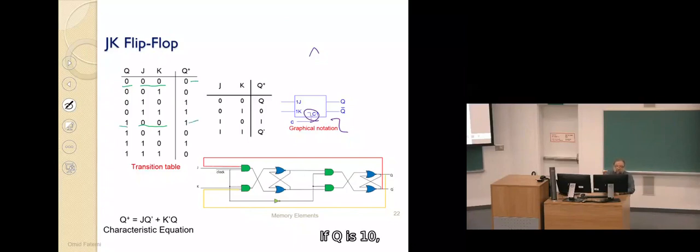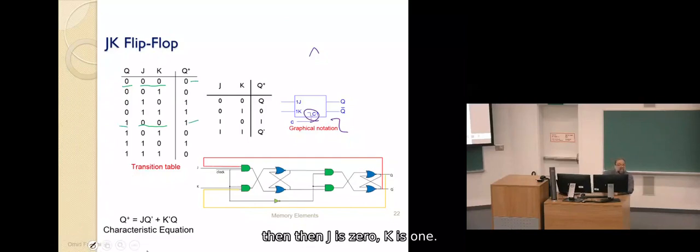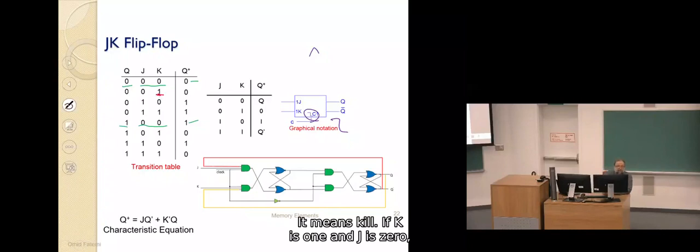If Q is 1, Q plus is 1. When J is 0, K is 1, it means kill. It's like reset. So if K is 1 and J is 0, whatever Q is, the output would be 0. Look at here. So it kills the output. It resets it.